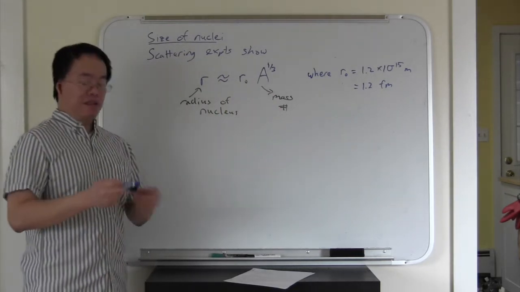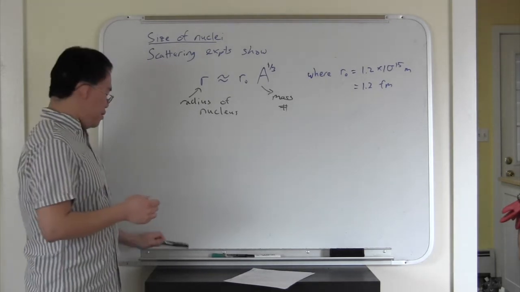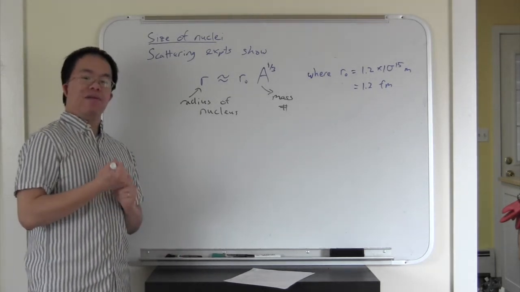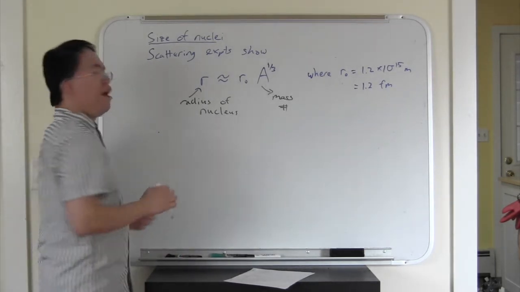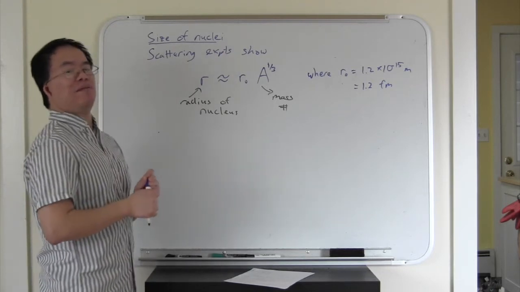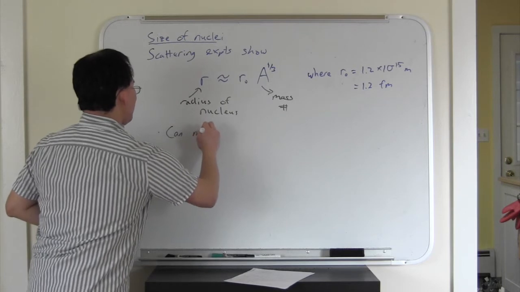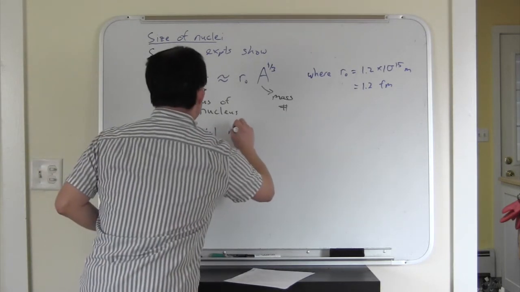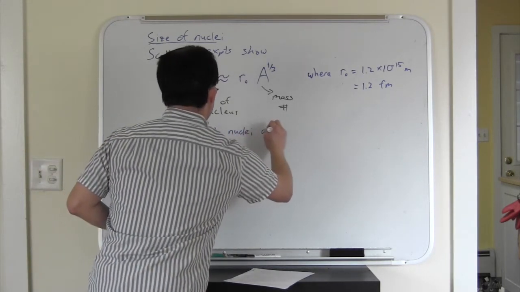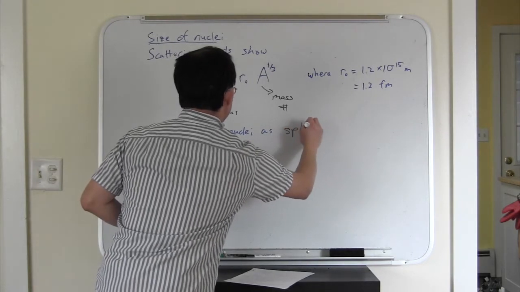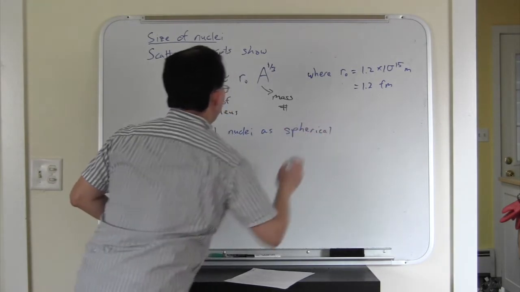So a few things to take away from this that we're not going to have time to explore in detail. To reasonable approximation, we can model nuclei as spherical.